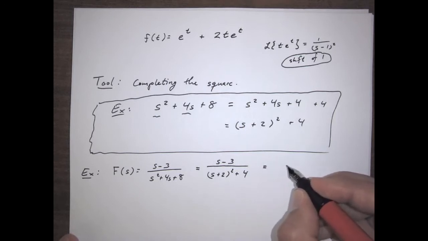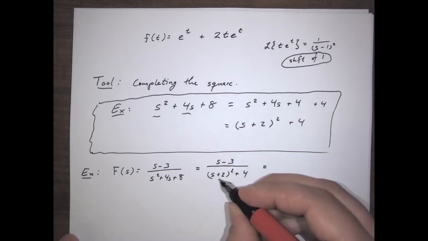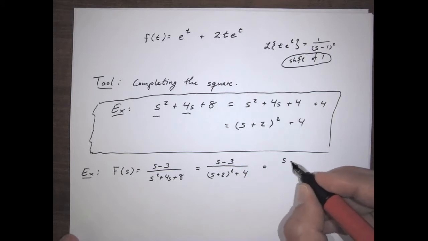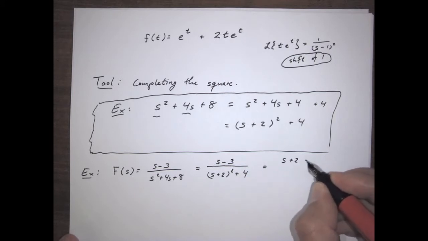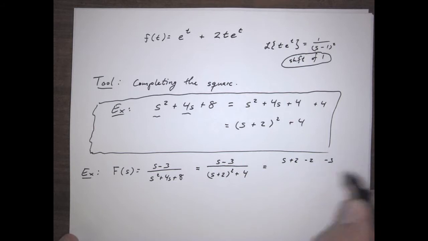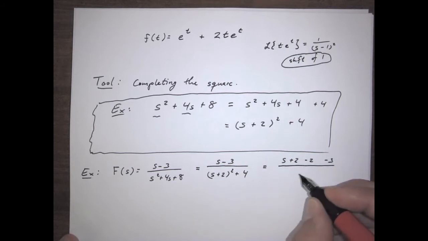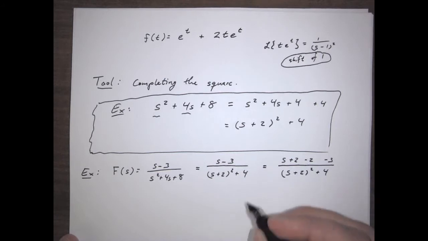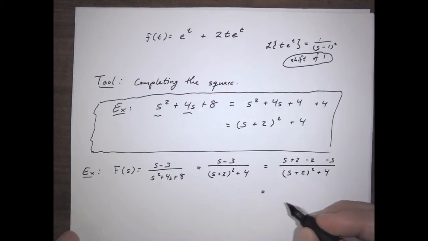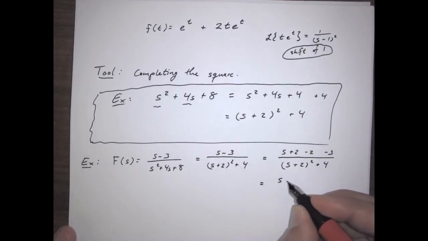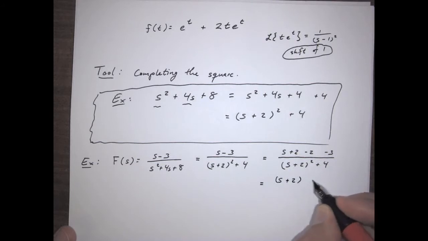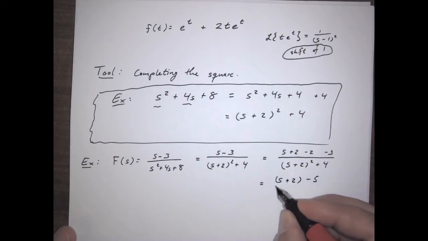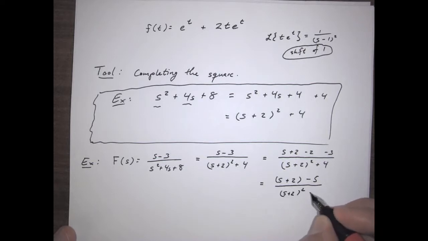So basically we want this to be all in terms of s plus 2, minus 2 minus 3. And so that's going to equal s plus 2 minus 5 over s plus 2 squared plus 4.